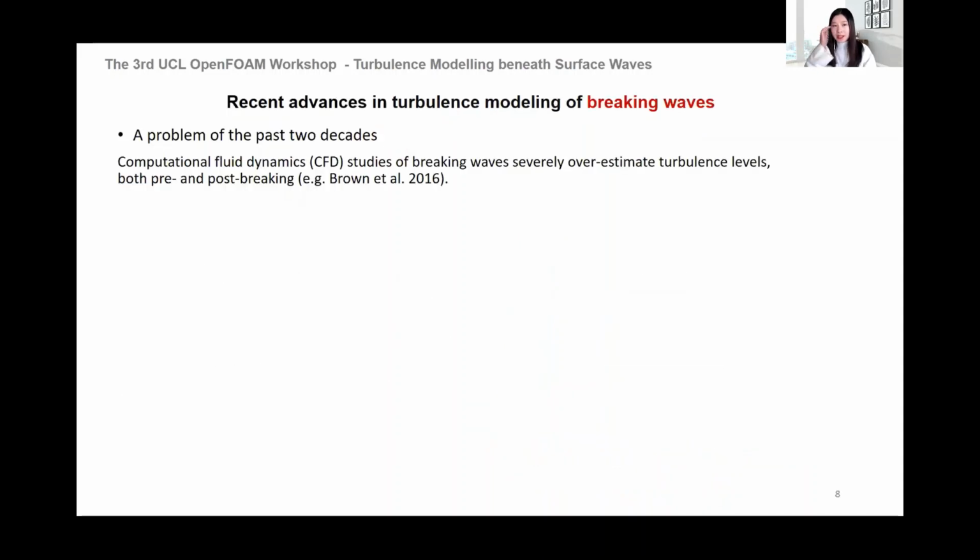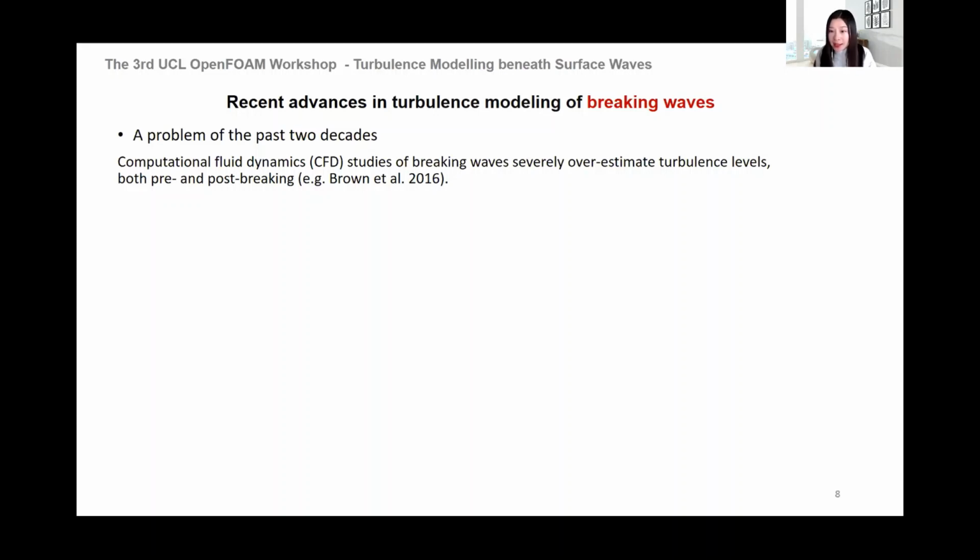So for breaking waves, as we have mentioned, the RANS model is the most commonly used approach, and it has been applied since the 1990s. However, a problem has prevailed in the past 2 decades. That is, we saw that CFD studies of breaking waves have shown an obvious tendency to severely overestimate turbulence levels, both pre and post-breaking.